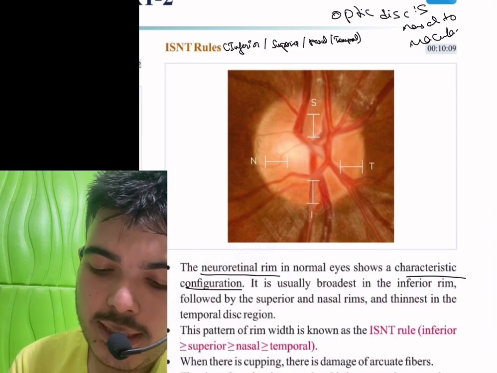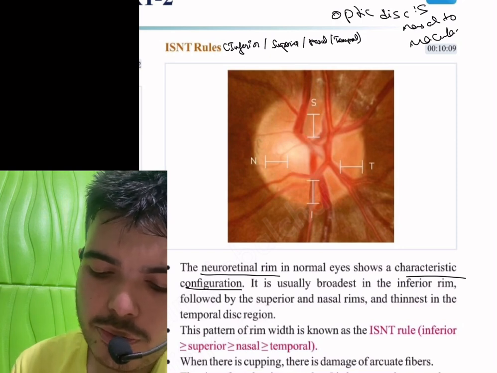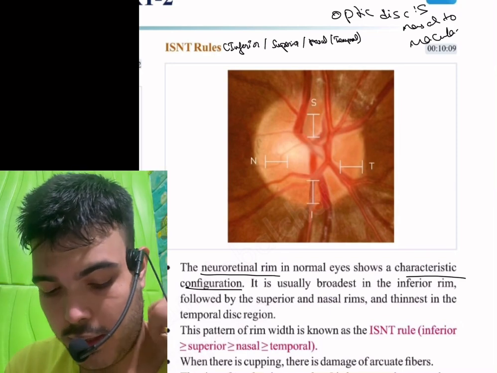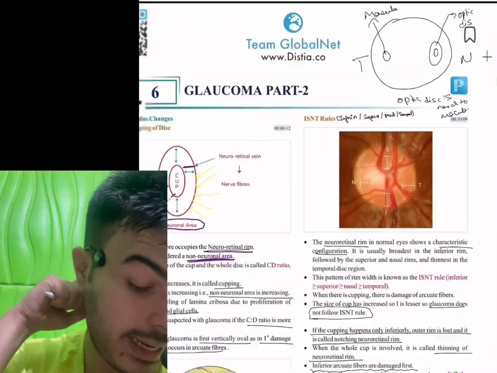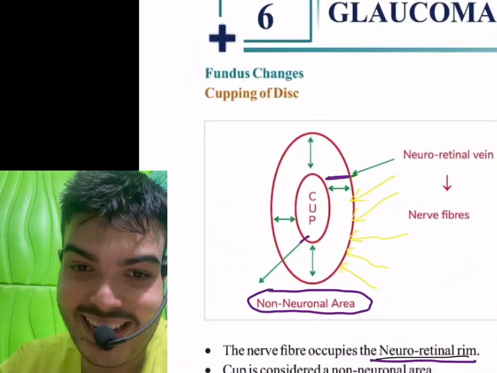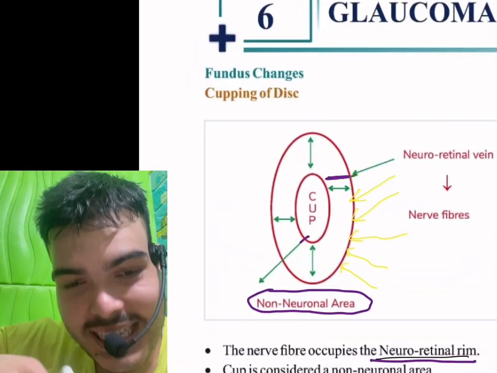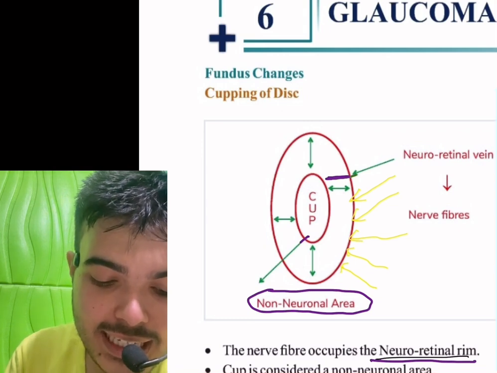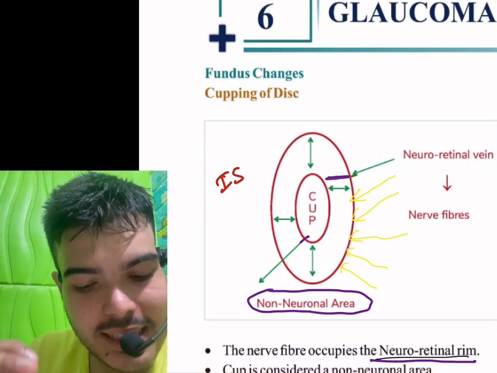So there's the optic disc, the disc cup ratio which you see over here. It looks like it's the same in all areas, but that's not the case, okay? So ISNT means the inferior is slightly larger.